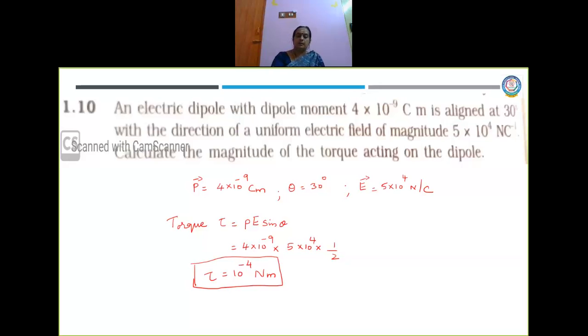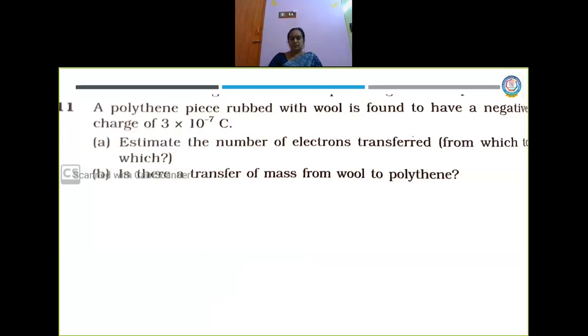Next. This is also a very easy problem, the first topic what we discussed. A polythene piece rubbed with wool is found to have a negative charge of, actually it should be 3.2 into 10 power minus 7 coulomb, children.